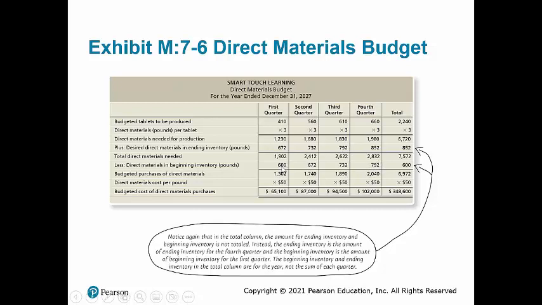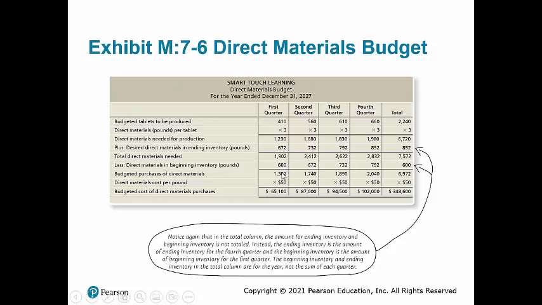We subtract these beginning inventory balances to get the budgeted purchases. So for the first quarter, we would take 600 pounds and subtract it from 1,902 pounds, and we would get budgeted purchases of 1,302 pounds, and we would do that for the second, third, and fourth quarter.